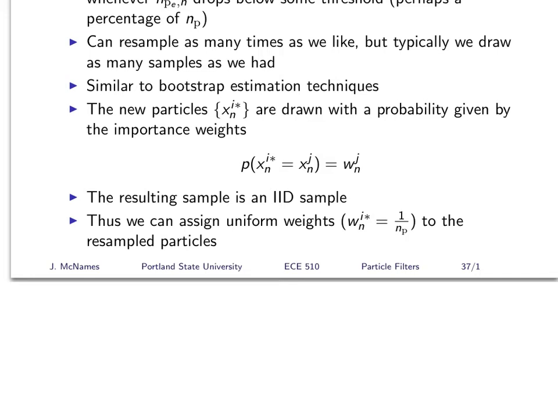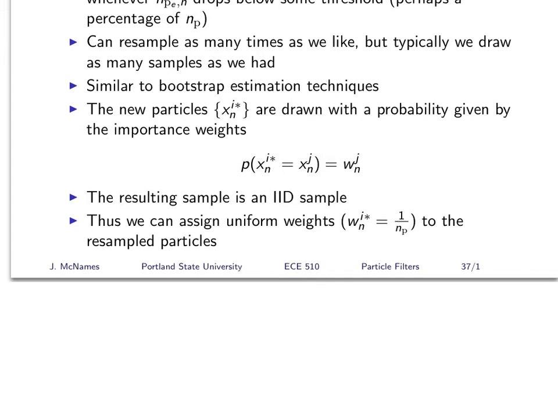When we resample, we want the probability that we draw a particle to be proportional to the weight. If we think of the weights as summing to 1, you can think of each weight as the probability that we're going to draw that particle when we're resampling. I've used i star, where the star just means the new ith particle. The probability that the new ith particle is going to be equal to the jth particle, that we're going to draw that trajectory, is equal to the weight.